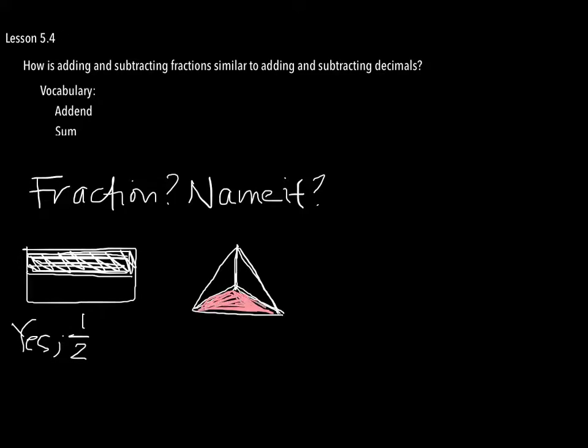Then the question for you again is, is this a fraction? And if it is, name it. Well, again, this is Mr. Winkleman's best drawing that he can do on an iPad at 9:45 at night. So it is a fraction.